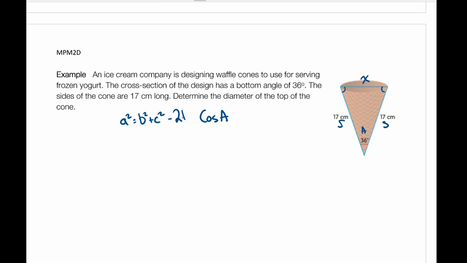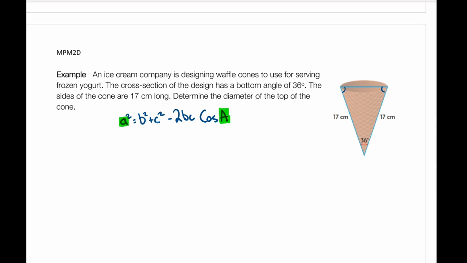Should be 2bc. But again, the key idea is the angle in the cosine pairs up with the side that is unknown, which we do see. We see that unknown side and that angle are paired up. And b and c are just going to be my two other sides.